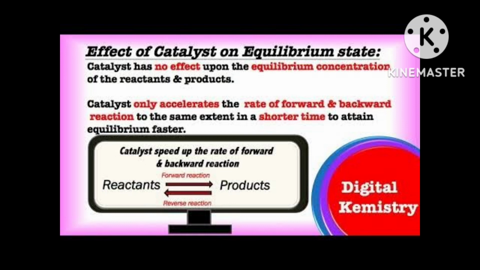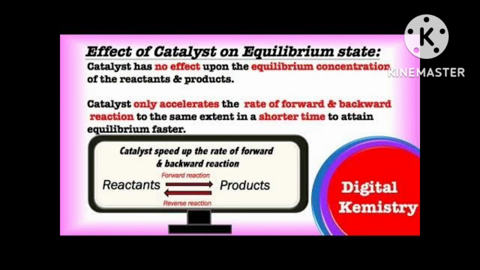A catalyst lowers the activation energy for the forward and reverse reaction by exactly the same amount. That's why it has no role. It can't change the equilibrium. In the forward direction it has the same role, and in the reverse also the same role.